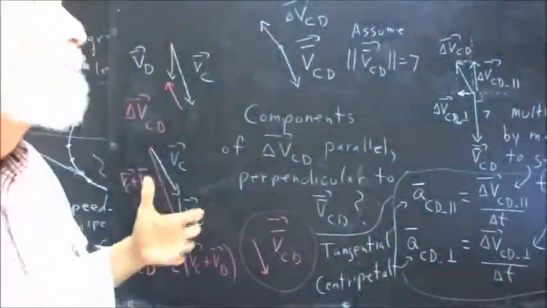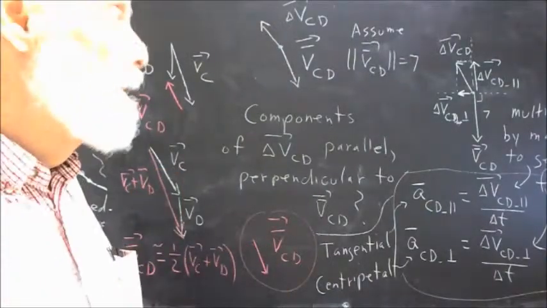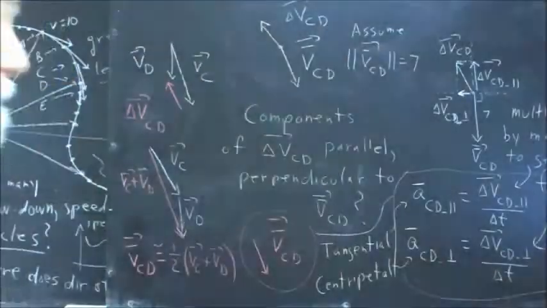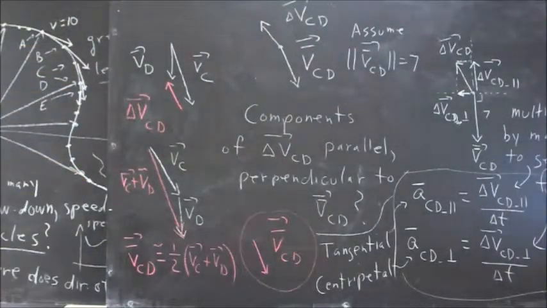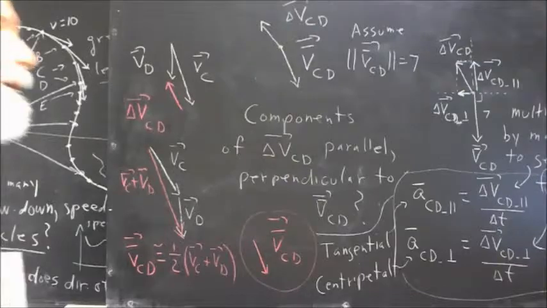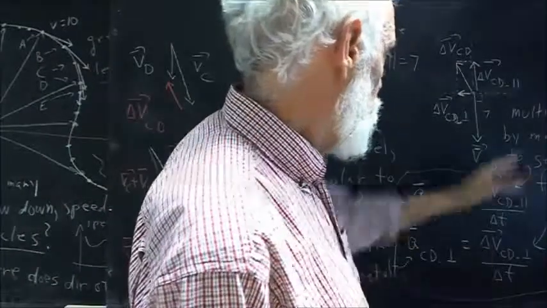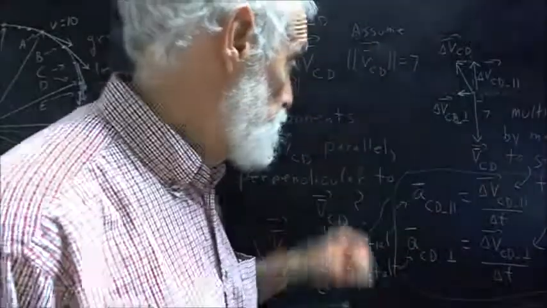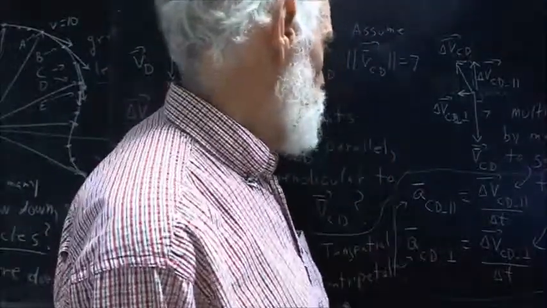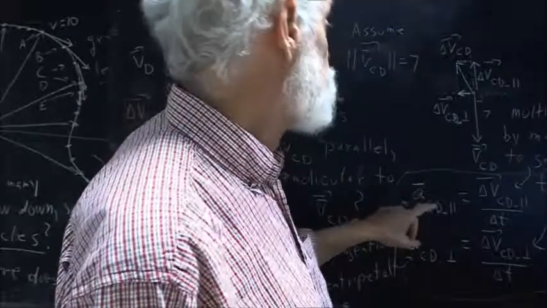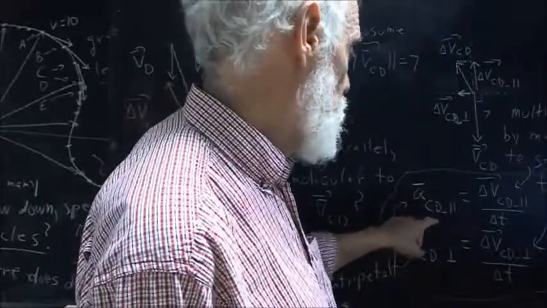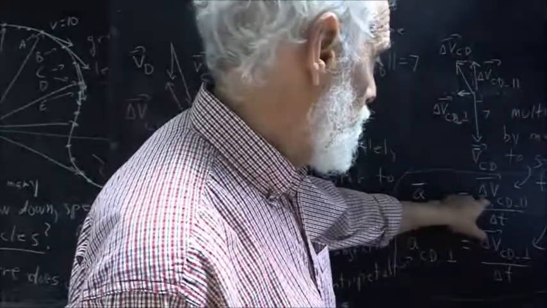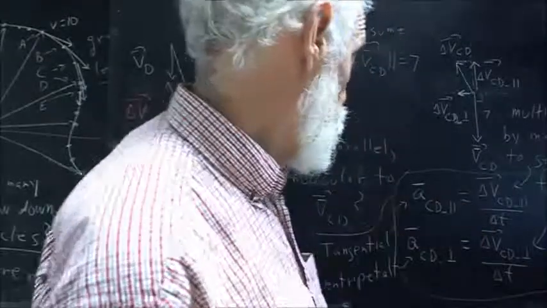If we want to calculate some indication of the force on this interval, if the path indicates the motion of a particle that has mass, then all we have to do is multiply the acceleration by the mass to get the force. I wrote it right here. First of all, the average acceleration parallel to motion is the delta v parallel to motion divided by delta t.